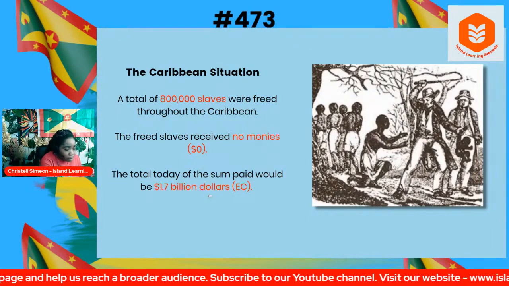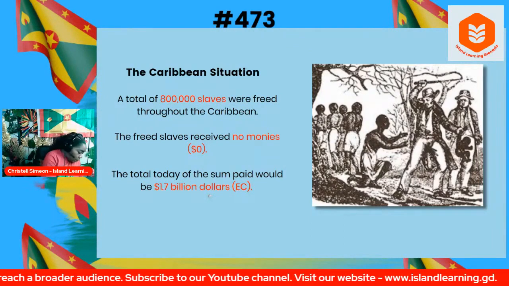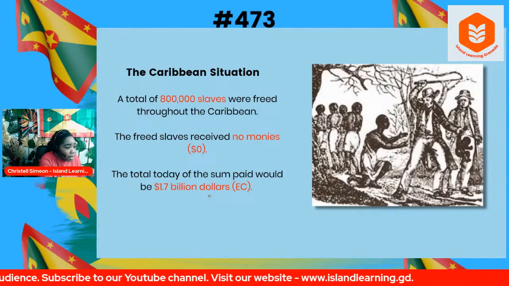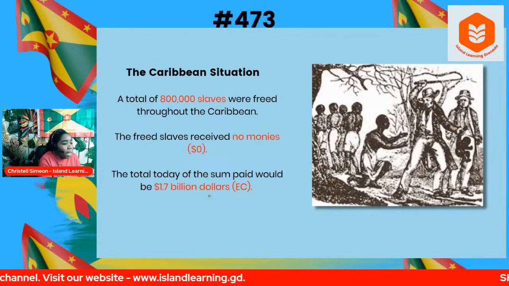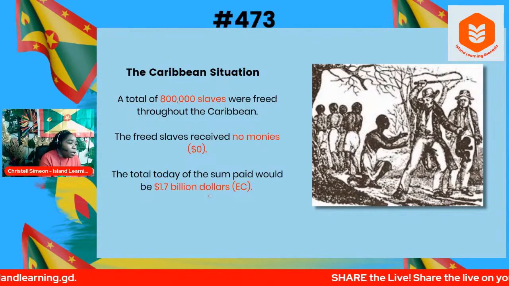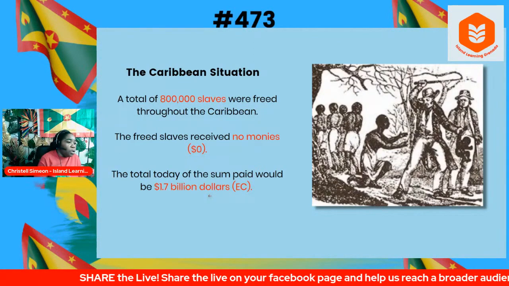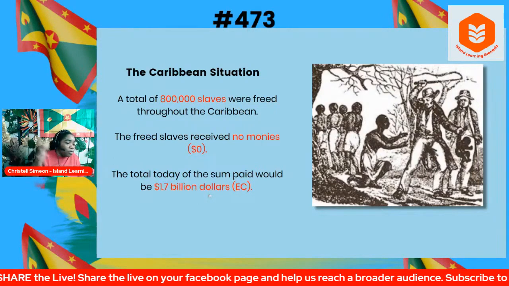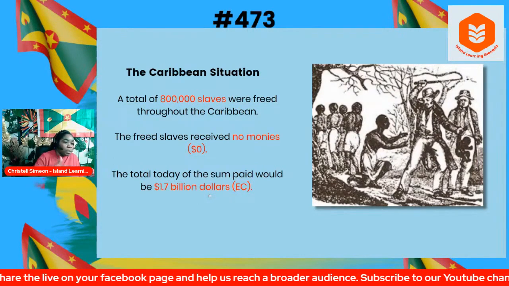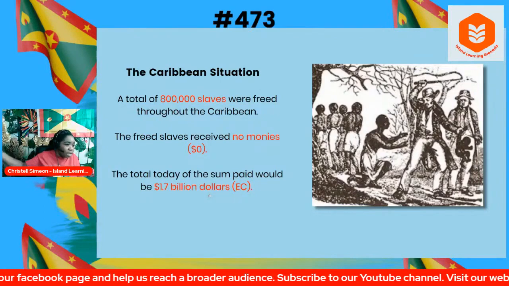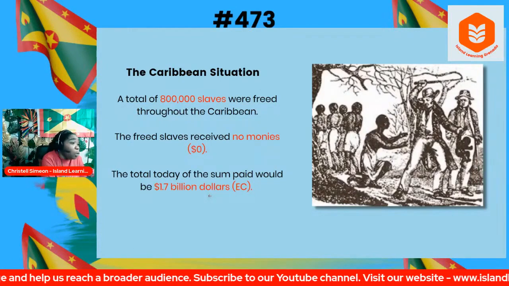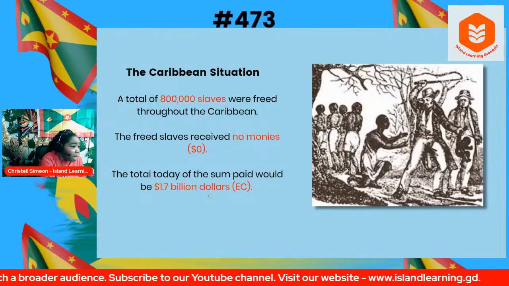The total sum paid, and this is what is believed, the 20 million pounds that was paid in compensation to plantation owners, that money today would be worth 1.7 billion EC dollars. So if you were to convert over time, and of course the economists would tell you that money grows over time, that money today would be 1.7 billion dollars.